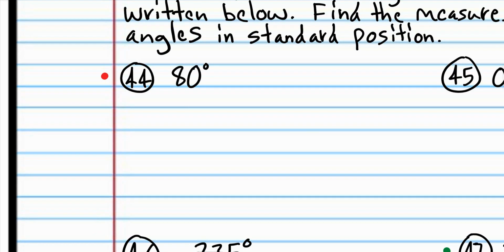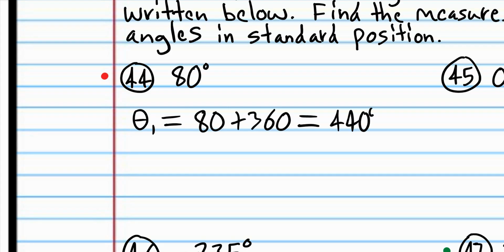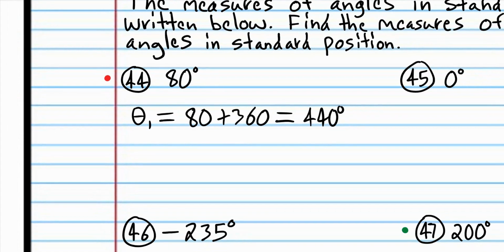So if we have an 80-degree angle, let's find our first coterminal angle. We're just going to add 360, and we get 440 degrees. That's the measure of a coterminal angle, assuming that the angle is in standard position. Now we can subtract 360.